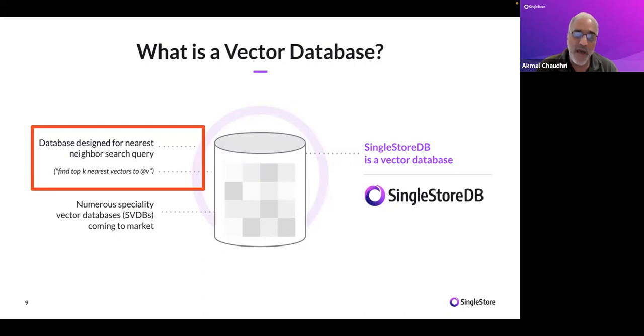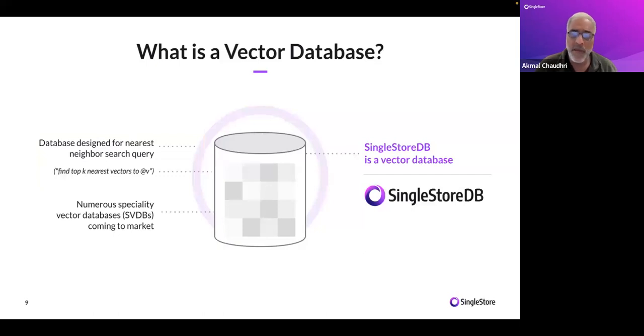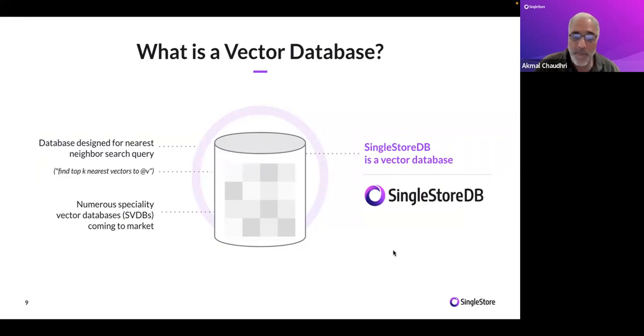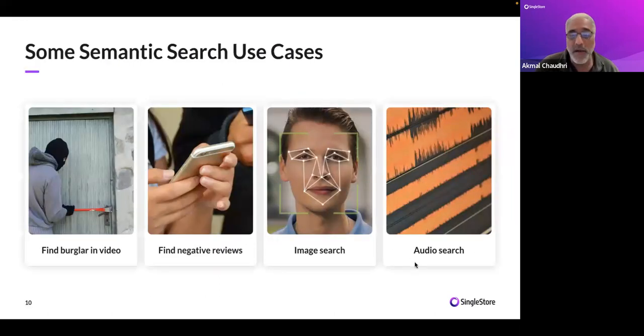This is why a database system is so useful and beneficial, because it gives us scale, it gives us performance, it gives us the ability to store vast quantities of information and do these kinds of queries and look for these patterns. We'll see examples of those as well when we do the hands-on labs. So SingleStore is a vector database. Like I said, we have supported vector capabilities since 2017. Now, on the market you will see a variety of products, and I'll get to that in a moment. But here are some of the use cases.